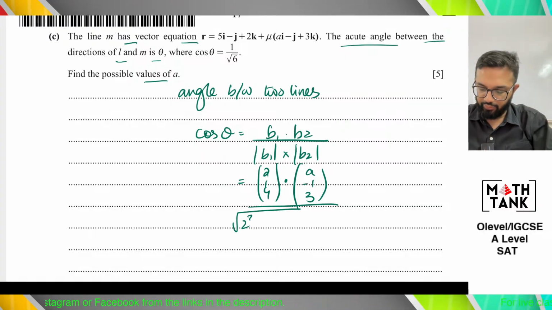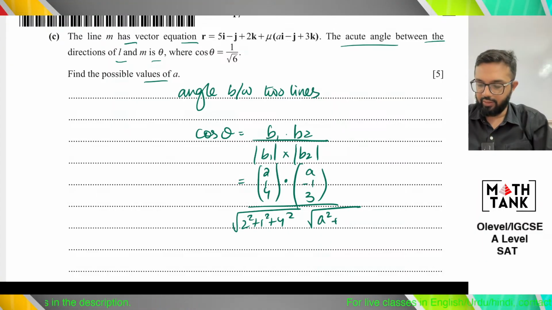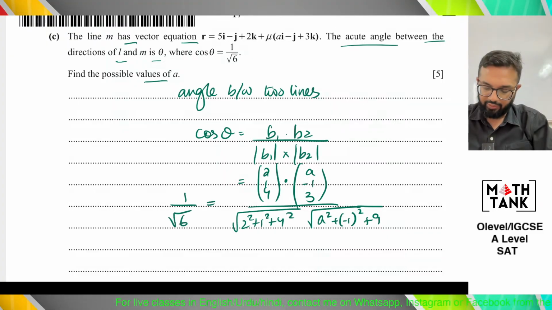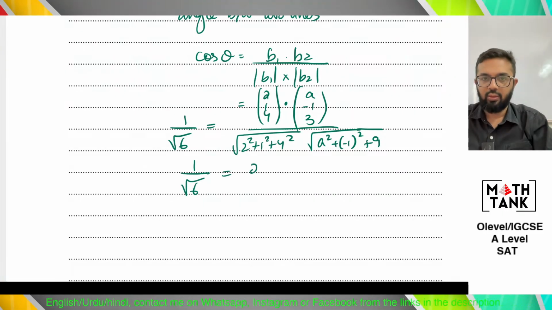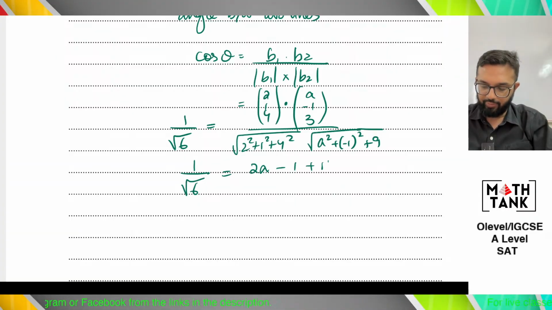So that gives me 2 square plus 1 square plus 4 square, A square plus minus 1 square plus 9. And cos theta is basically 1 over root 6. So 1 over root 6, 2A minus 1 plus 12.